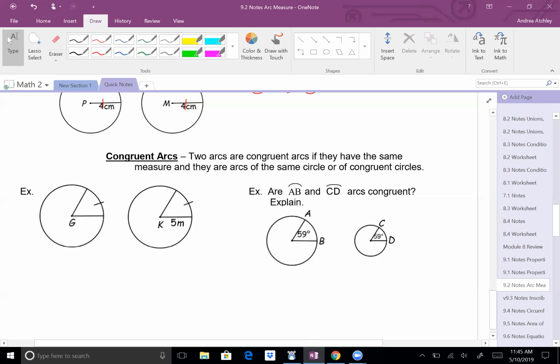Two arcs can have the same measure, like 60 degrees, but unless the circles are congruent, the arcs are not congruent. So in this, it says that this arc is congruent to this arc. That means that the radii have to be congruent as well. If the circles were not congruent, then you couldn't say that.